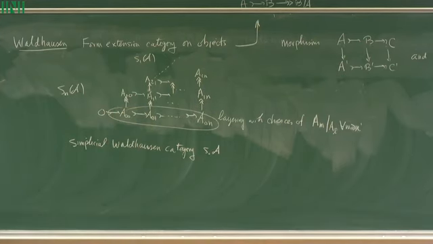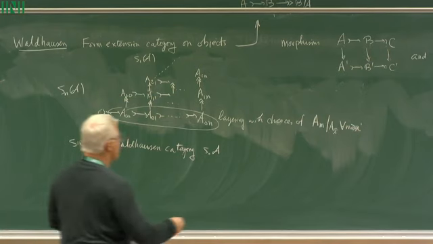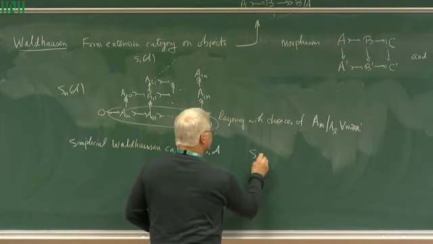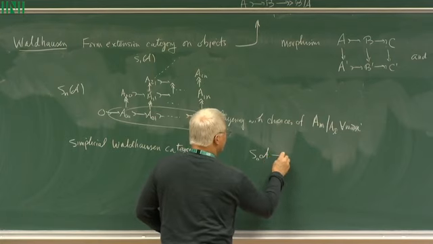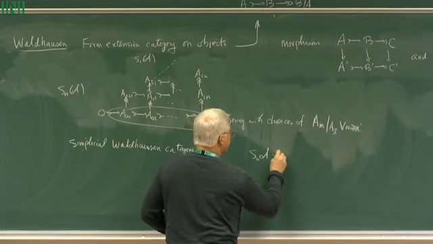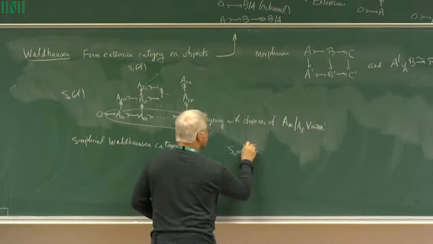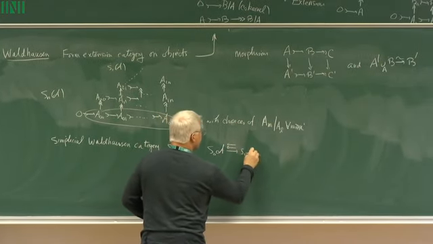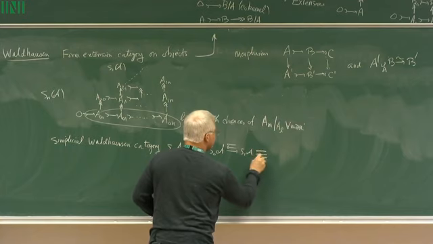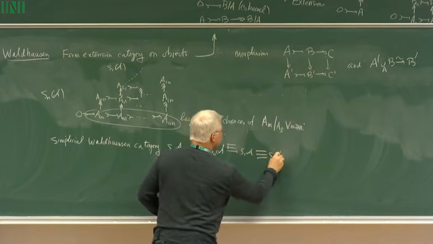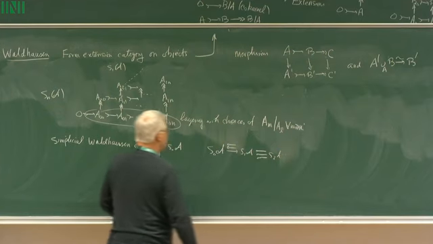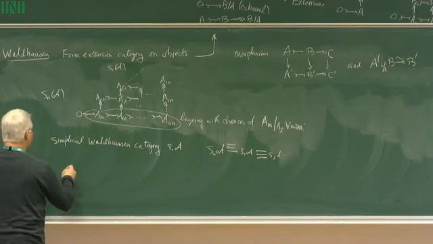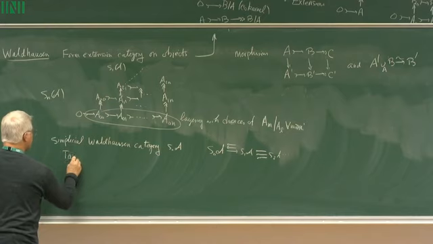So a simplicial category is a simplicial object in the category of categories. And so you have a family of objects S0 of A, S1 of A, S2 of A, etc. And we take the isomorphisms.